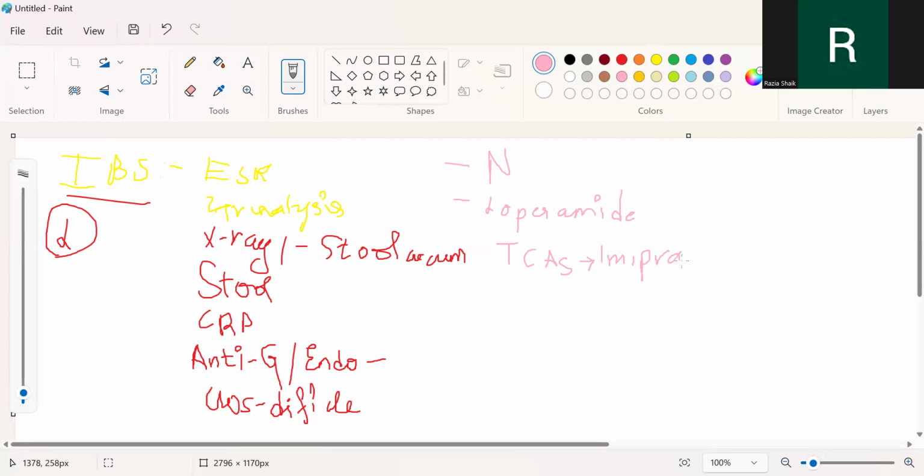I like to write it down so that you can scan this in your mind and remember it on the exam day. And then what else?